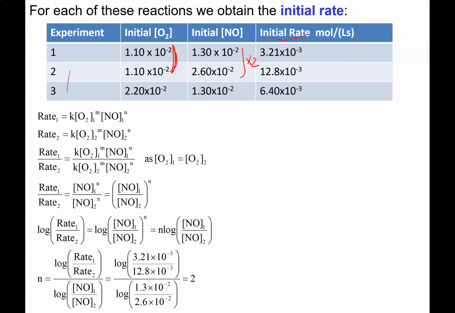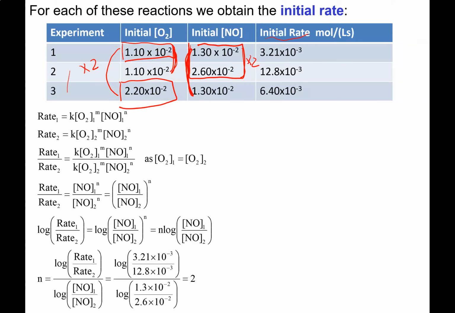And if you look at the first and third experiment, you'll see that the O2 doubles, but the NO stays the same. So what this means is that we can use experiments 1 and 2 to figure out the order of NO, and then we can use experiments 1 and 3 to figure out the order of O2.